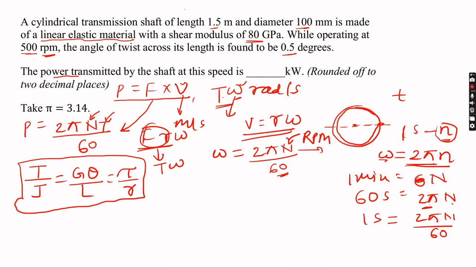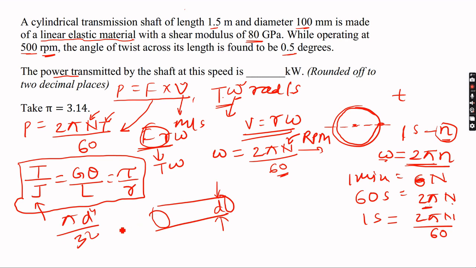Okay. This J is your polar moment of inertia, pi d to the power 4 by 32. This is for a circular shaft, where the diameter is d. If you derive this with the basic formula of moment of inertia, it will come pi d to the power 4 by 32.